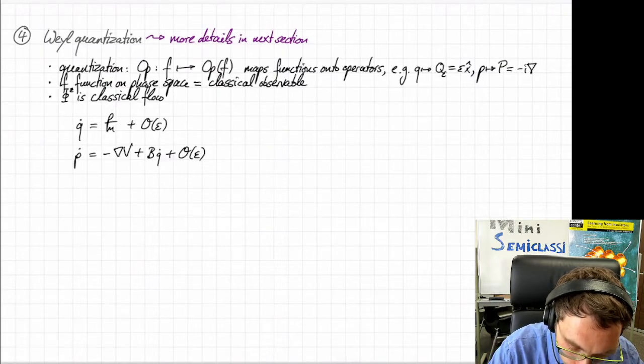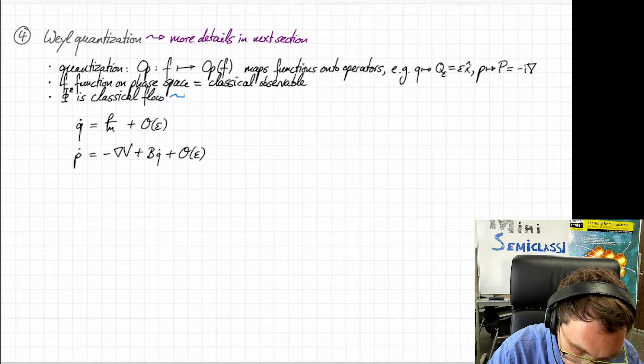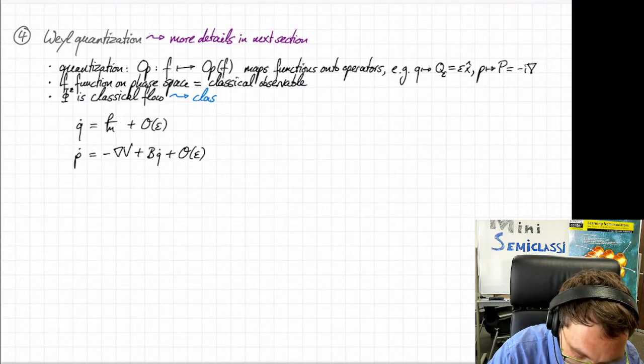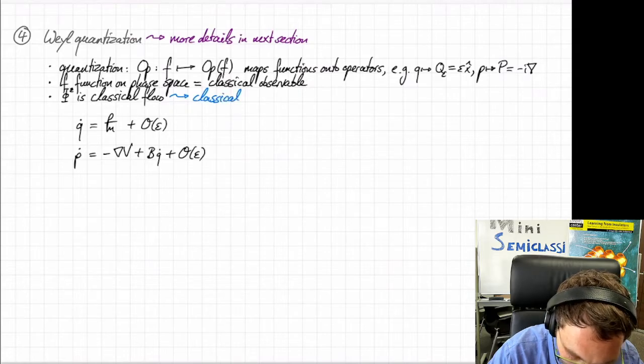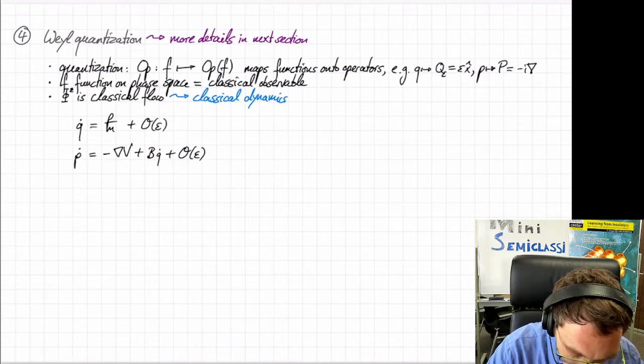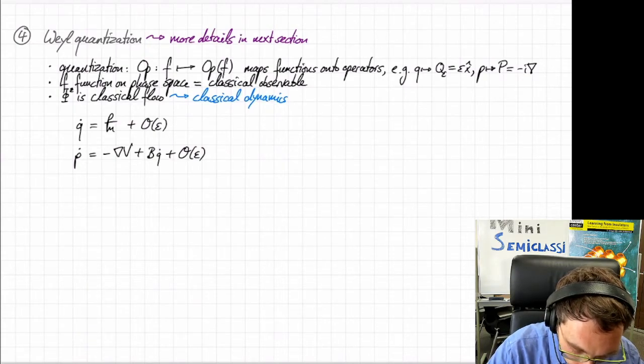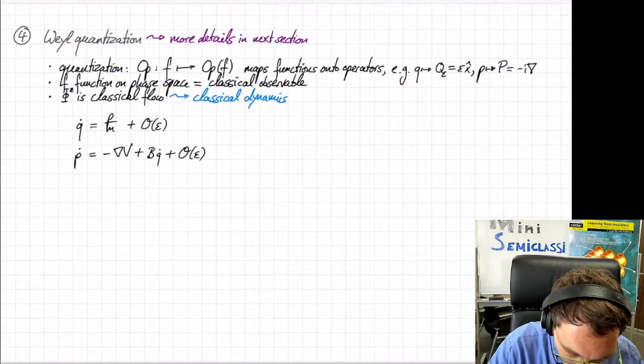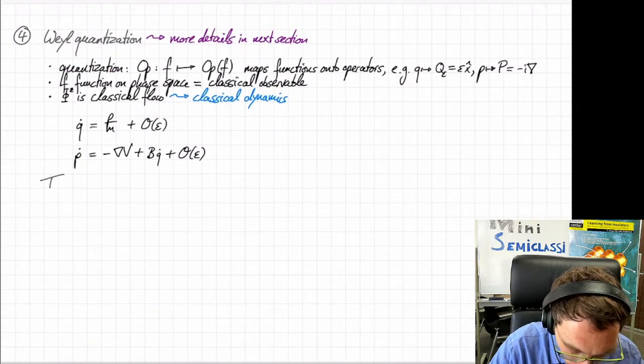So the flow, of course, gives the classical dynamics. And if we assume that the flow does not destroy the property of quantizability, then we can formulate the so-called Egorov theorem, or an Egorov type theorem.